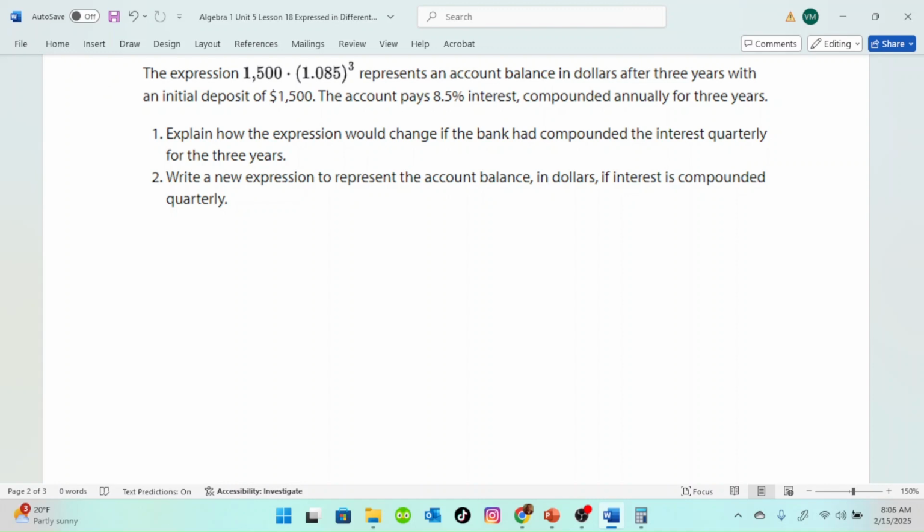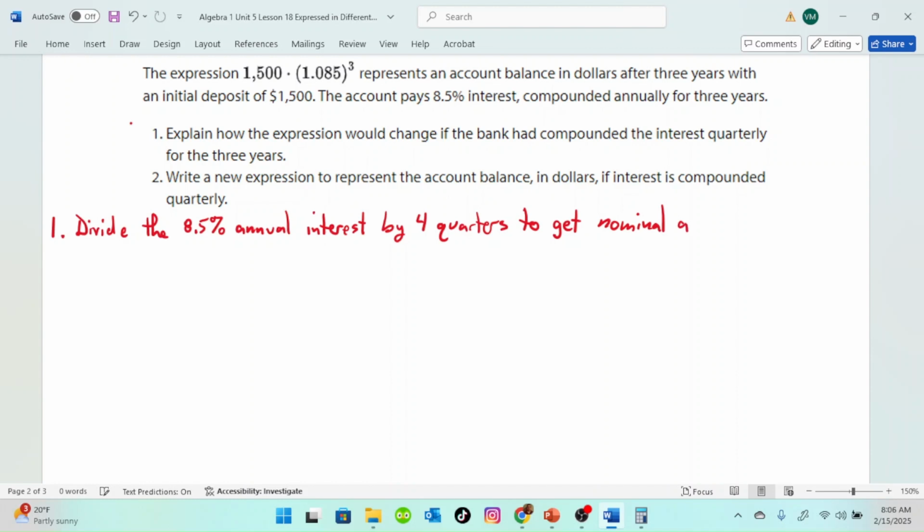So if we are compounding quarterly instead of annually, the first thing we need to do is divide the 8.5% annual interest by 4 quarters to get nominal annual interest.